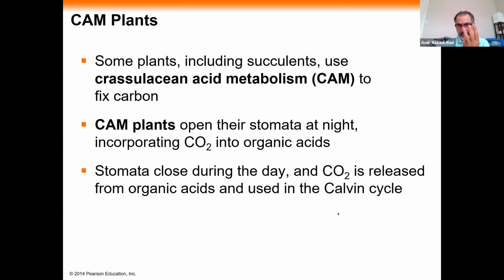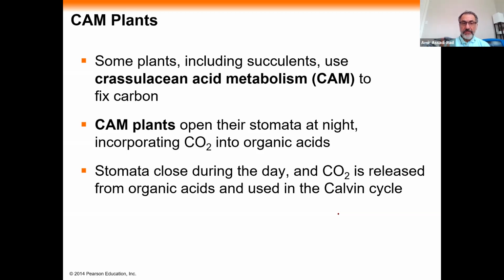Okay, the third type of photosynthesis is crassulacean acid metabolism, CAM. That would be in jade plants, aloe vera, something that you know, pineapple, I think it's a CAM plant.